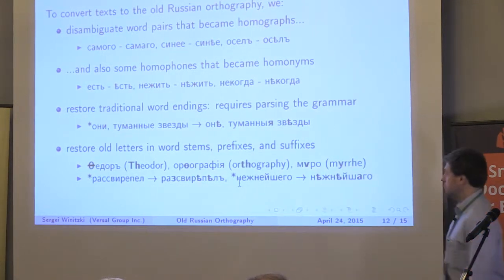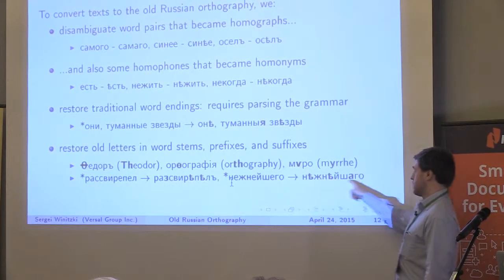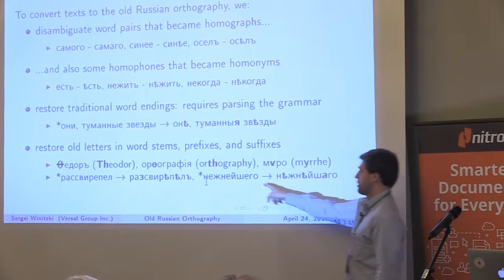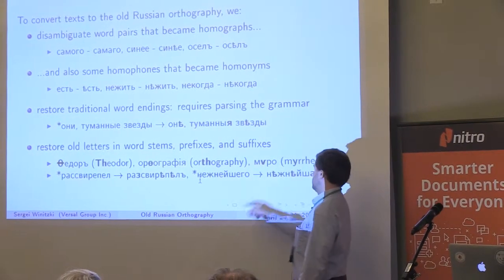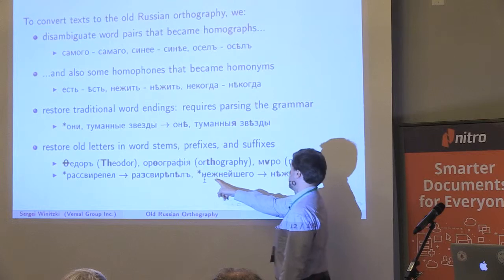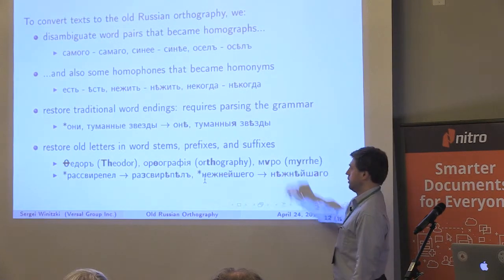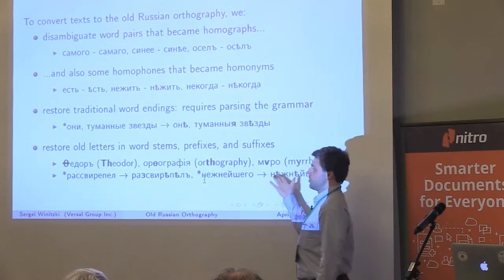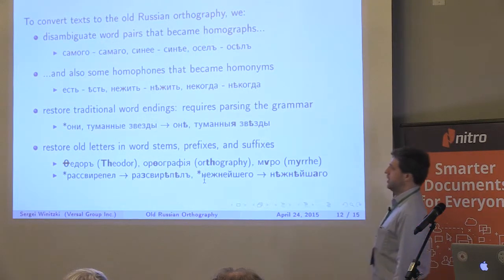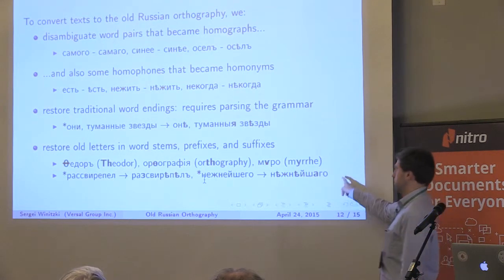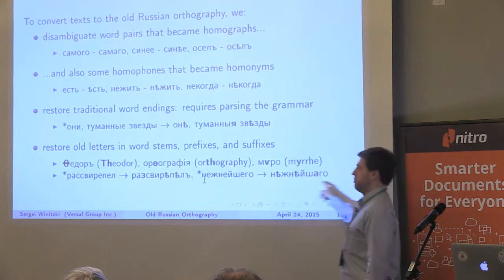And there are some examples like this where you replace the suffix, you replace the root of the word, and you just use a dictionary. So what I was able to do is mostly this kind of dictionary-based replacement.